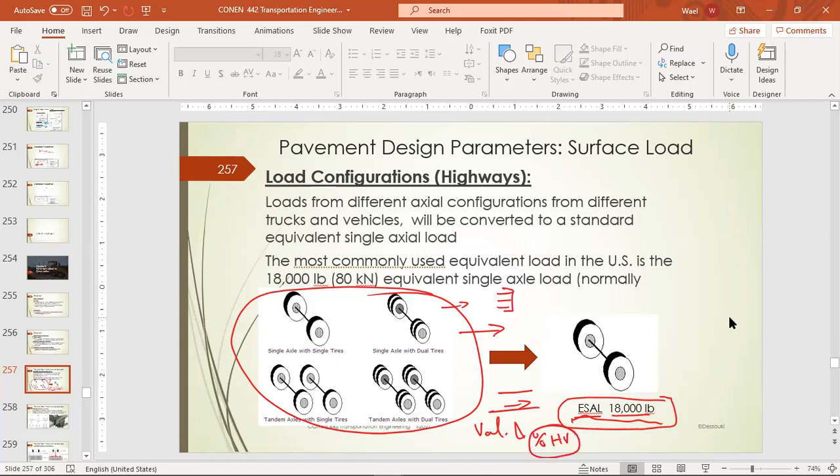This percentage basically plays the major role in designing the pavement layers. Passenger cars usually play a very minor factor in designing pavement layers. The governing factor is the truck load or the truck percentage. Clear?